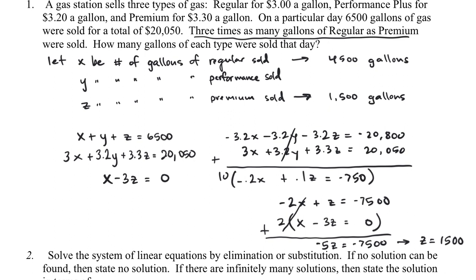And there were only 6,500 gallons total sold. And so if we add 4,500 plus 1,500, that's going to tell us how much remains for performance. So if we add these two, this is 6,000 gallons. And there were only 6,500 gallons sold total. So the amount remaining for performance has to be 500.